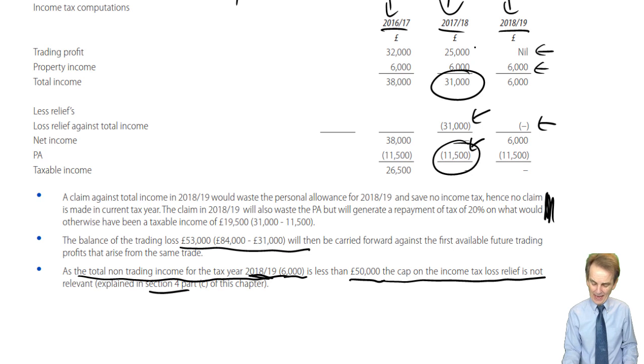So here, that trading profit, £25,000, was always going to be available for a reduction, whether that was 25 or whether it was £65,000, it doesn't matter. The £50,000 cap would not be applicable to it. The 50,000 cap, as we'll see in the next session, is relevant to the other income. It's only 6,000 there. So that reference there should have been 2017-18.